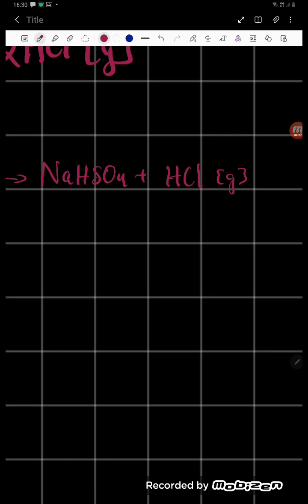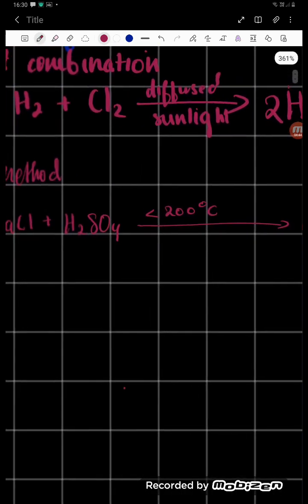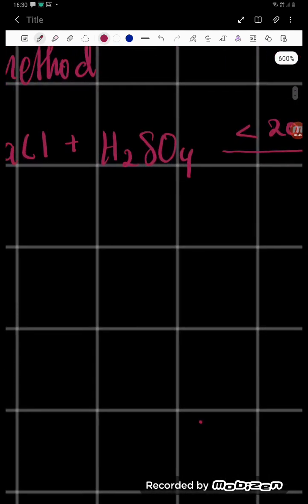Now there are a few other parameters, I guess. Let me check. Okay, yeah, that is it. So rock salt plus H2SO4, and the H2SO4 here is concentrated. It is important to remember.